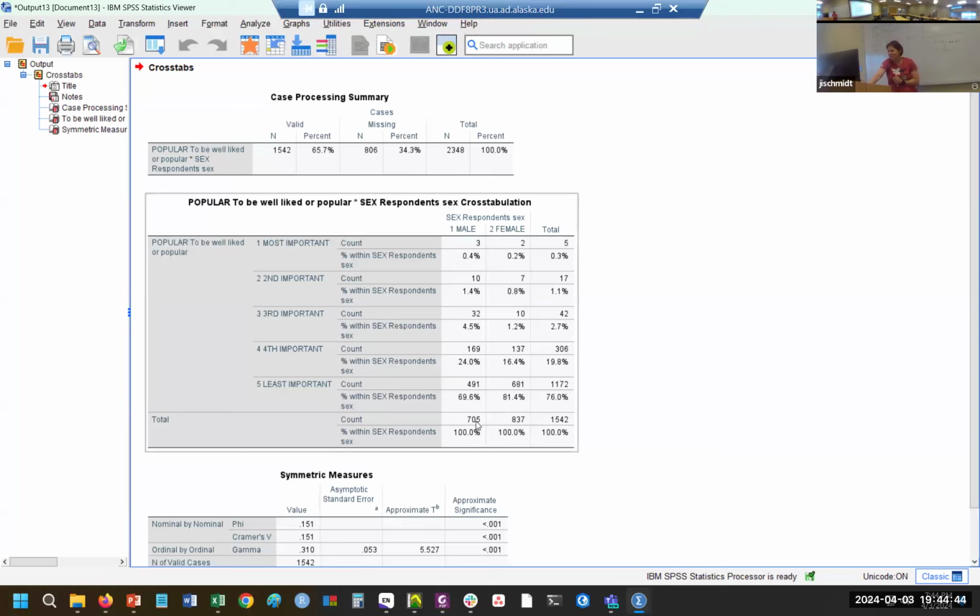Looking at the sample size, 705, 837, that's not too skewed. For that big of a sample size, that's not bad. So based on that, what type of measure of association would you do? I went with lambda.